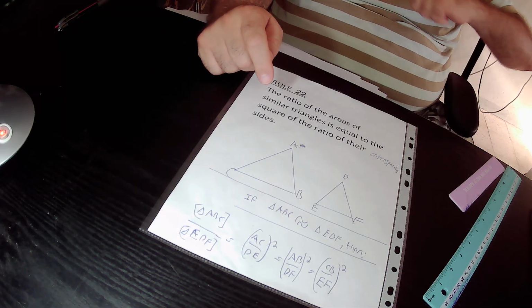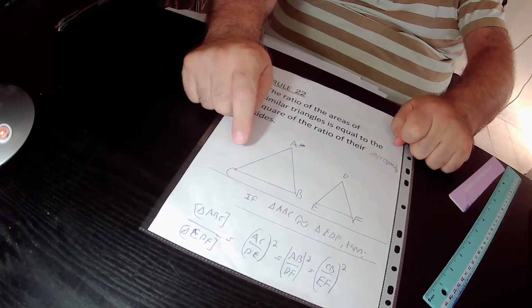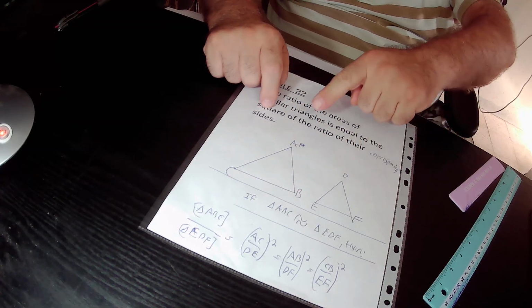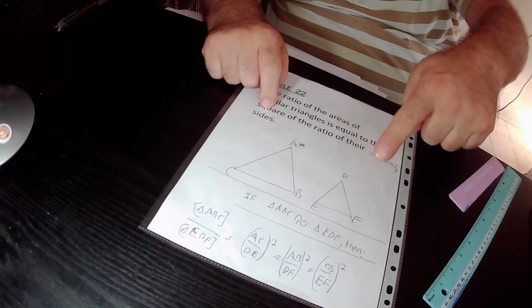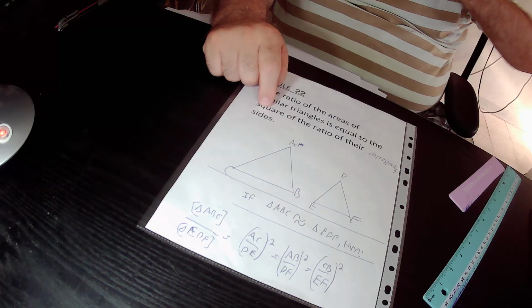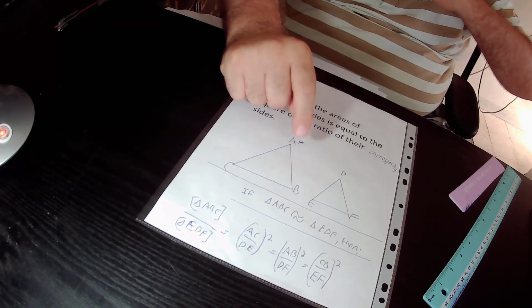So what is the square of the ratio of their corresponding sides? Side AC is the corresponding side of side DE. Likewise, side AB is the corresponding side of side DF, and finally, side CB is the corresponding side of side EF.